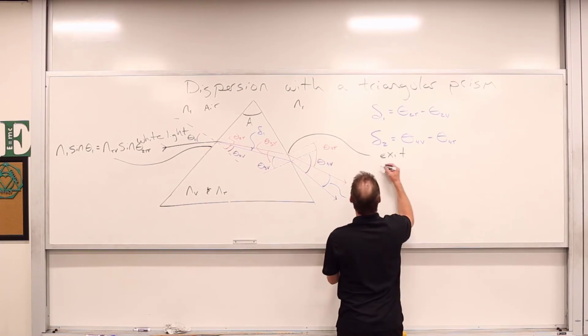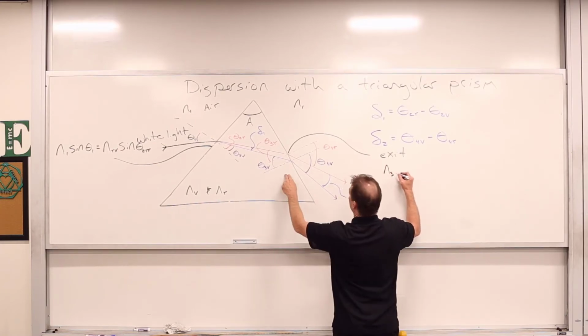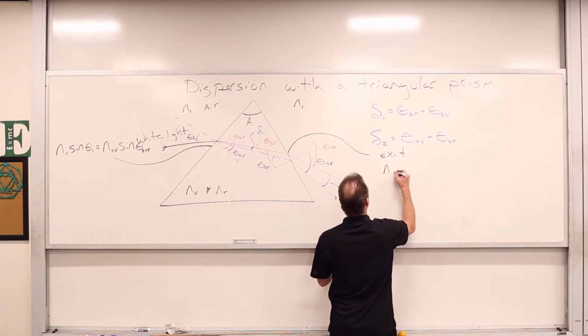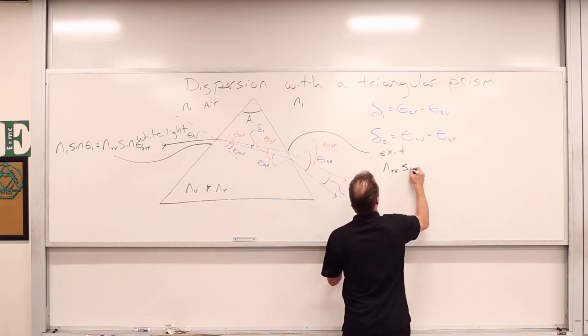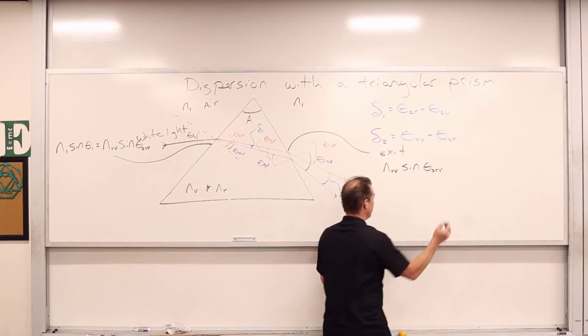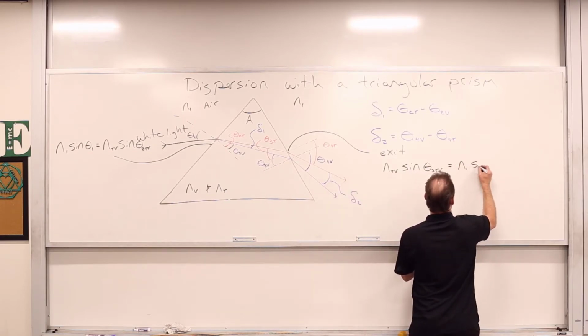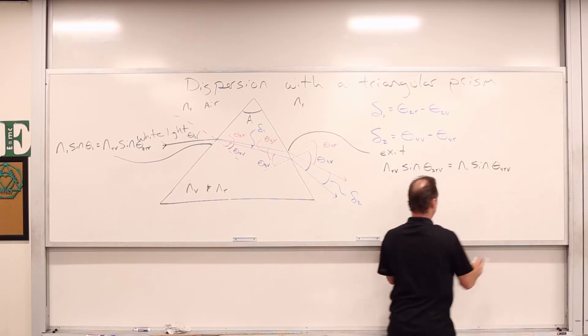So we've got N red or violet times the sine of theta 3 red or violet is equal to N sub 1 times the sine of theta 4 red or violet.